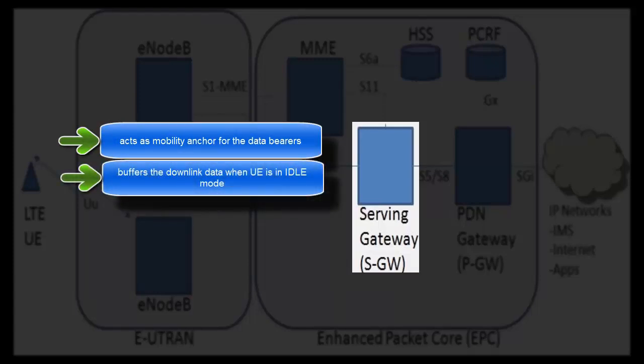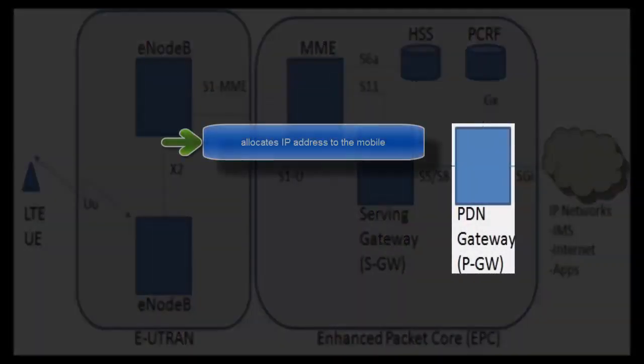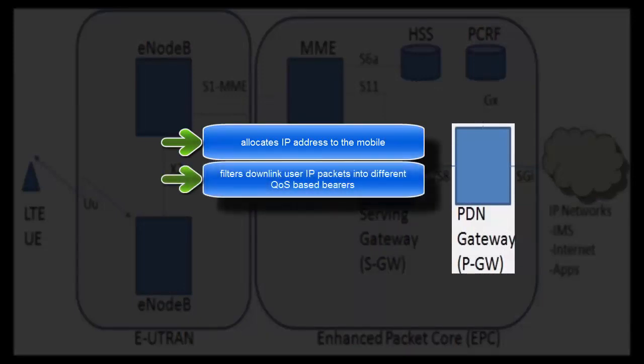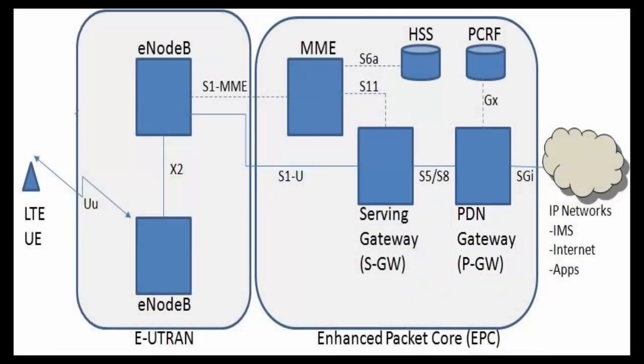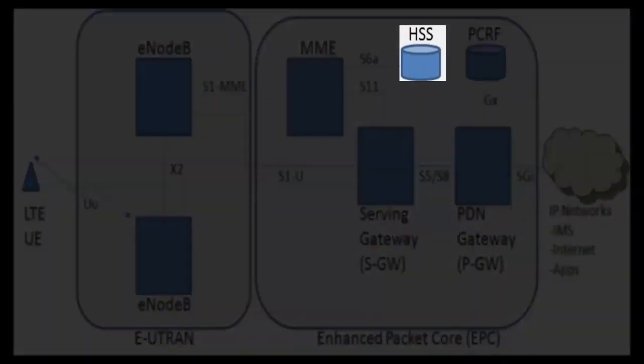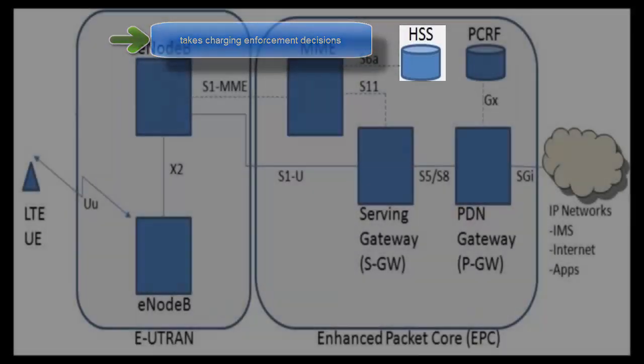Number 2, buffers the downlink data when the UE is in idle mode. PDN gateway. Number 1, allocates IP address to the mobile. Number 2, filters downlink user IP packets into different QoS-based bearers. And finally PCRF, policy and charging rule function. It takes charging enforcement decisions.